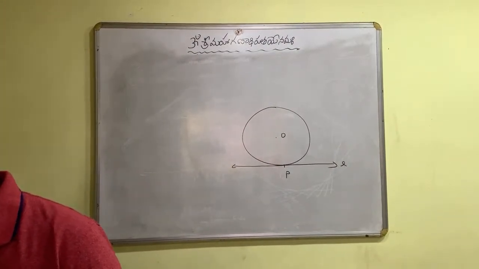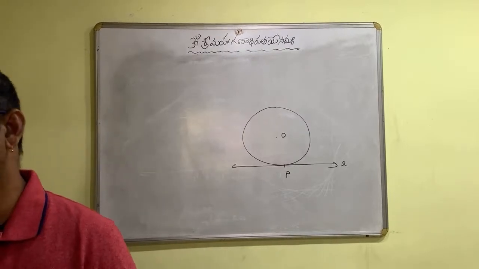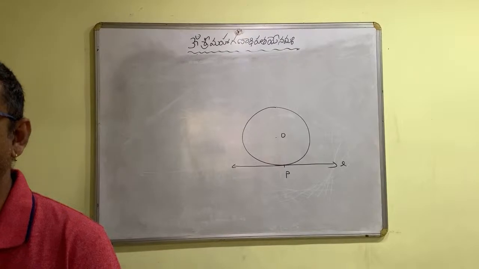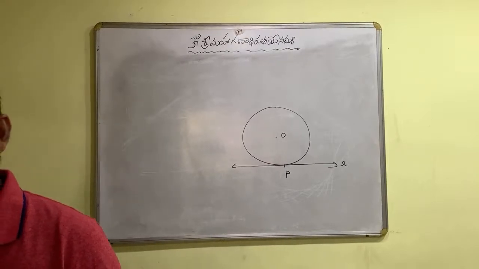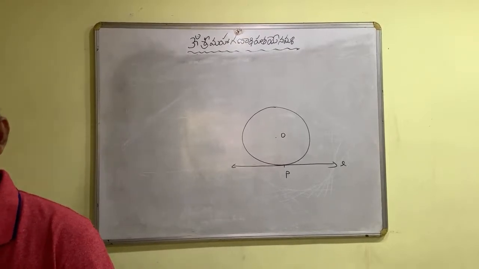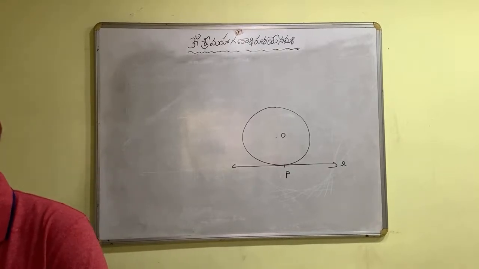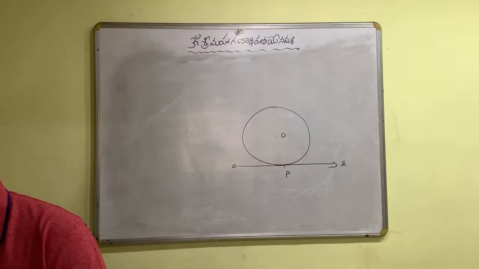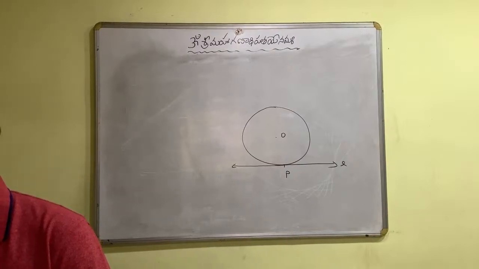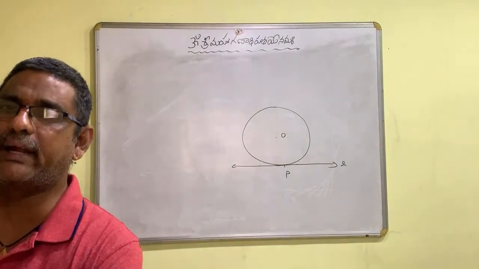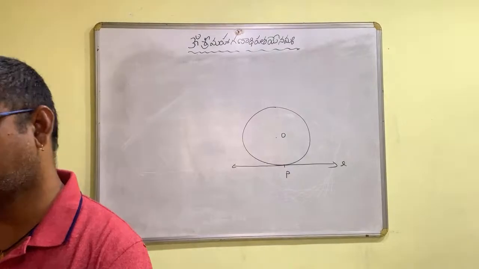Okay, it is called as point of contact. It is the common point for both the circle as well as the line. All these are correct only, but you need to go a little bit deeper.